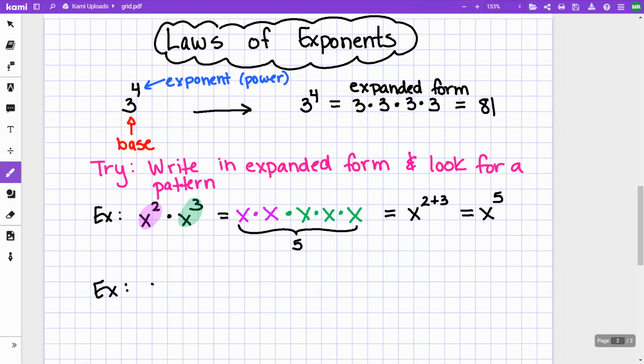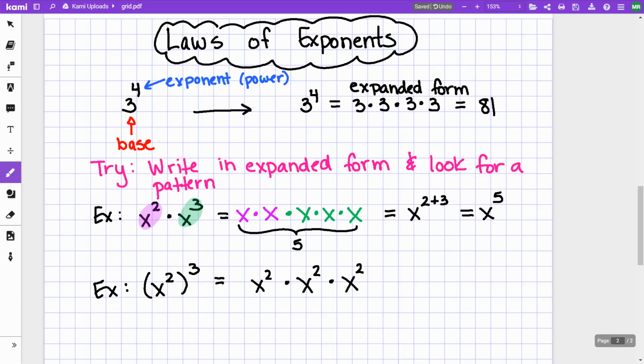Let's say I have x to the 2nd raised to the power 3. So another way of thinking about this is I really have an x to the 2nd times an x to the 2nd times an x to the 2nd, because we have 3 of them.